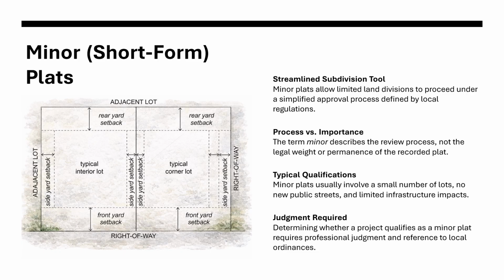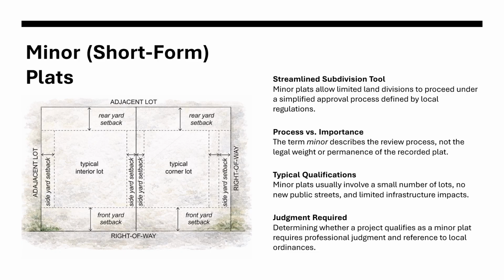And minor plats are typically limited to situations where only a small number of lots are created, no new public streets are required, and public infrastructure impacts are minimal. Those limits are defined locally. A plat that looks minor on paper can still be rejected if it fails procedural requirements or is submitted under the wrong category. From a professional standpoint, minor plats test judgment more than geometry.